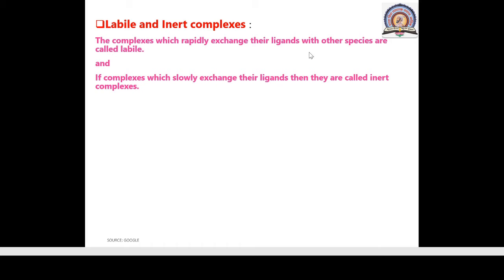Or in other words, if a ligand is easily exchangeable with another ligand, it is called a labile ligand, and if a ligand is slowly exchangeable with another ligand, that ligand is called an inert ligand.